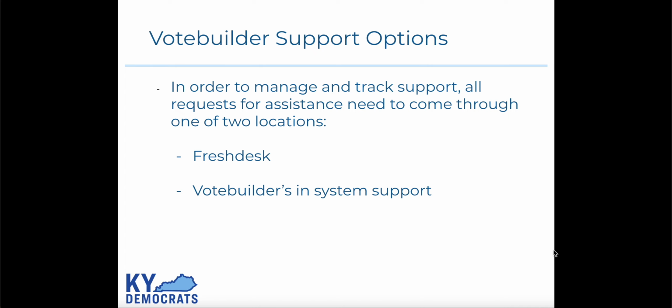That is a website that we have that's going to have some commonly asked questions, some tutorial documentation, as well as a ticketing system. Then Vote Builder's in-system ticket support, which is really good for things that need to stay within Vote Builder.